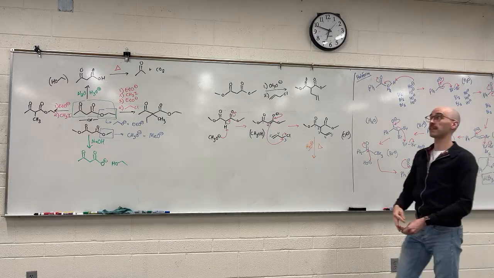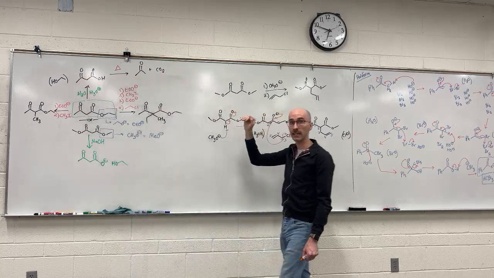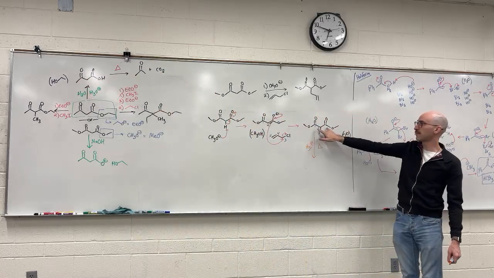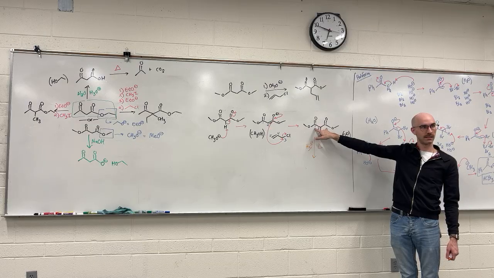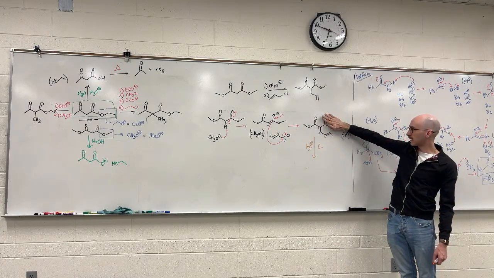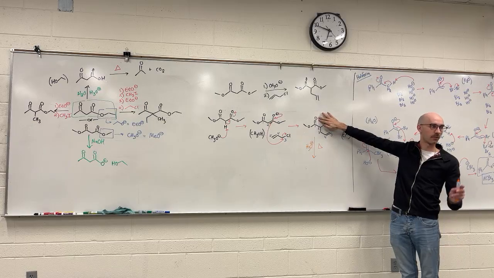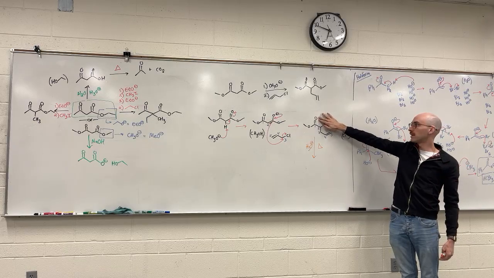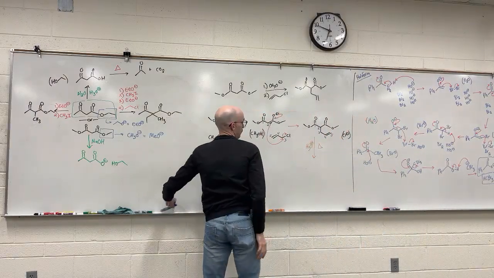And I showed you that the beta keto carbonyl gives just a ketone, but what happens if I have a beta diacid? Well, again, I'm just going to cleave off one of those carbonyls. The other carbonyl just gets left as is.